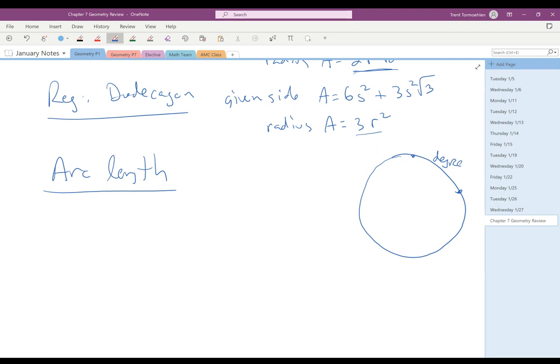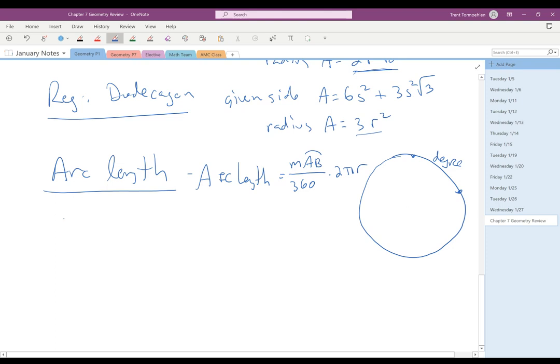And then the length would be if you actually measured it with a ruler. How long is that portion of the circle? So the arc length equals the measure of the arc, AB, over 360 times 2 pi r.